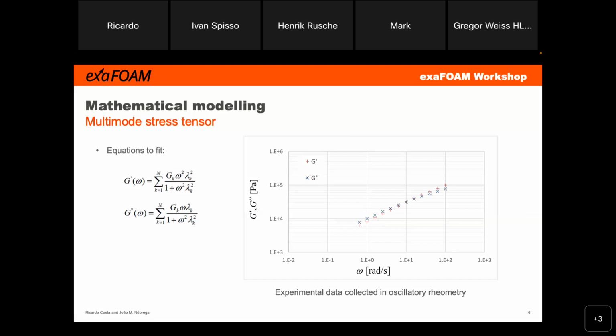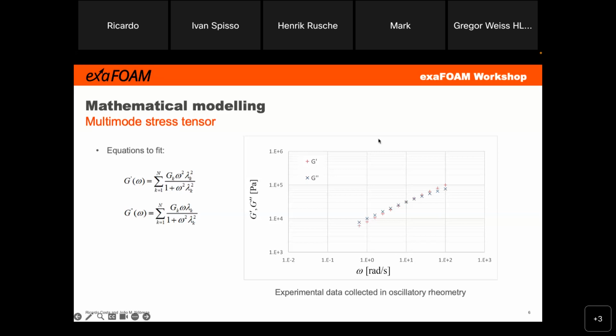And if you want, it describes the solid state behavior of our material. And we also have the G double prime, which is the loss modulus, which characterizes the viscous portion of the viscoelastic behavior. And it can be seen as the liquid state behavior of the material, if we want.